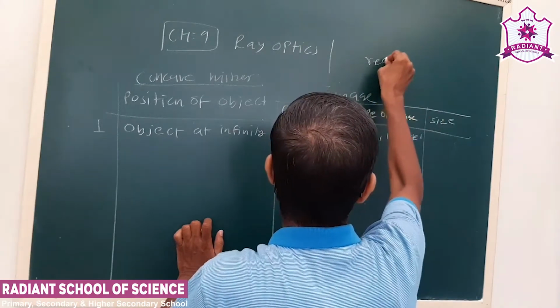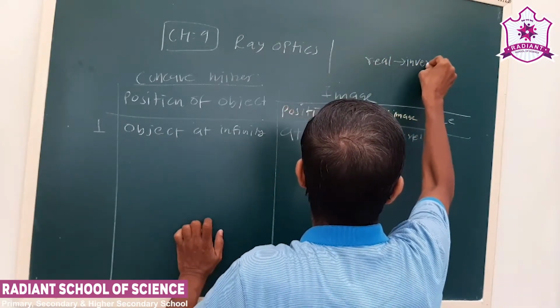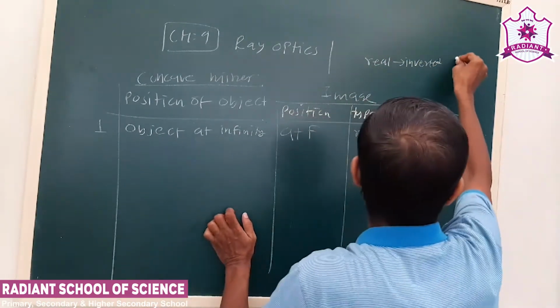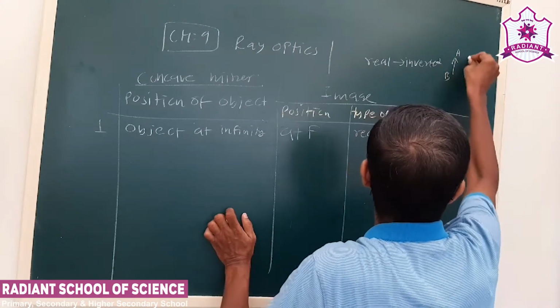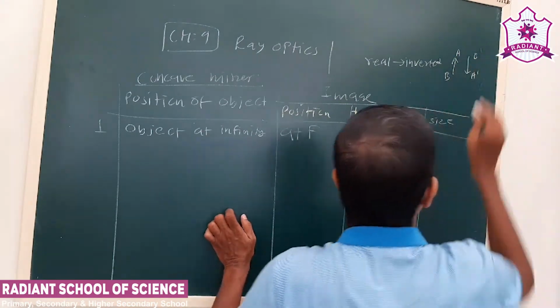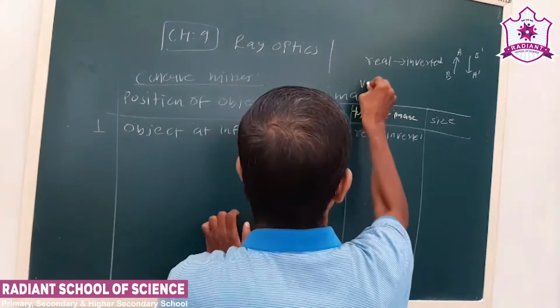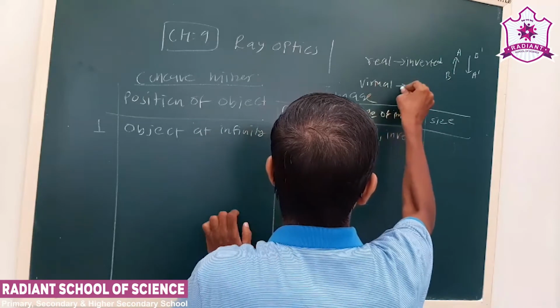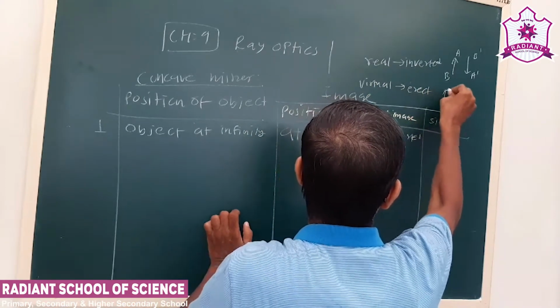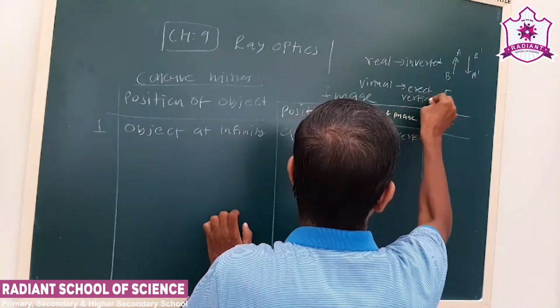Remember, a real image is always inverted. What is inverted? The object is like this, AB. The image will be like this, that is inverted. And a virtual image is erect, or sometimes they call it vertical also.